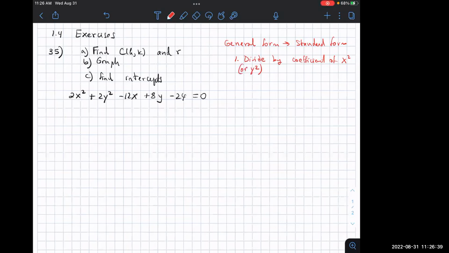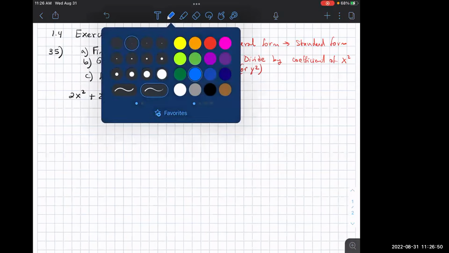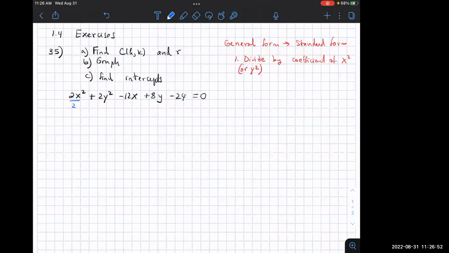If they're not the same, then that means it's not a circle, and we'll be dealing with that later in the semester. So you divide the whole equation by that. In this case, the coefficient is 2, so divide every single term by 2. Then you get x squared plus y squared minus 6x plus 4y minus 12 equals 0.